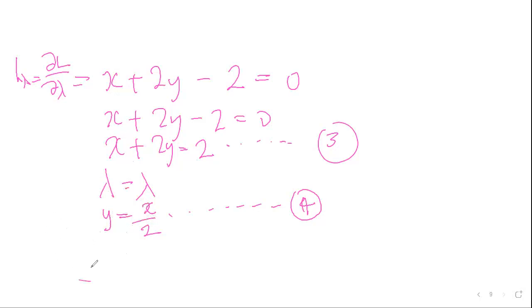Once we do that, we are going to get x plus 2, and then instead of y, we now have x over 2, and it's equal to 2. If we multiply, we have x plus 2x all over 2 is equal to 2.